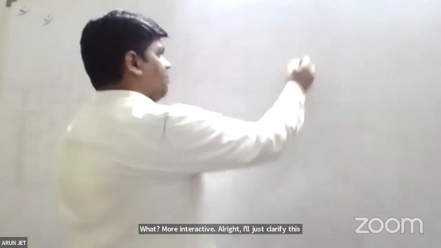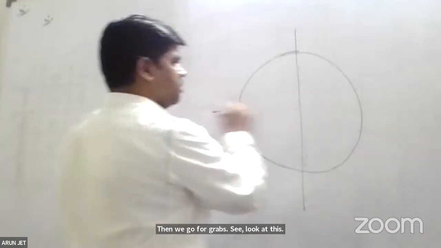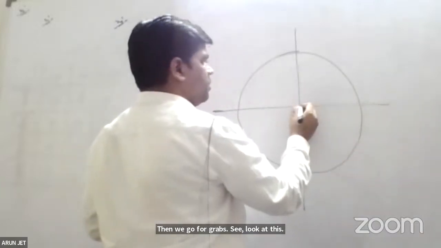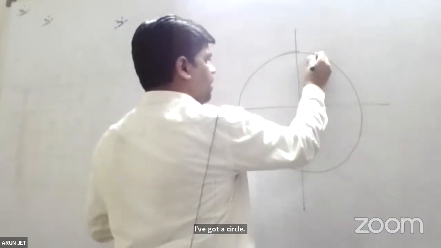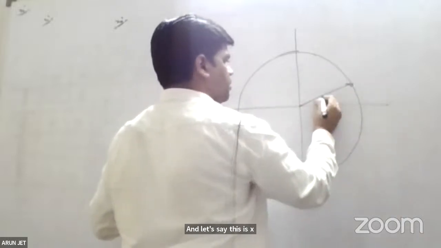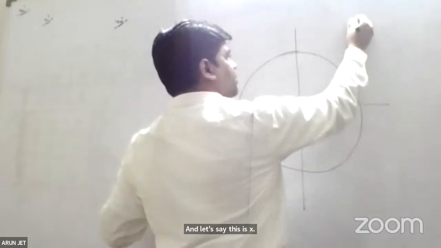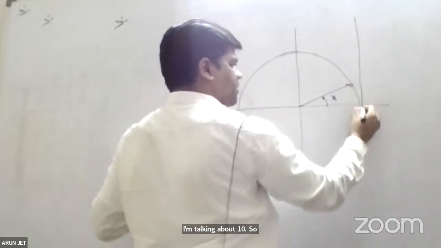See, look at this. I've got a circle, and let's say this is x. I'm talking about tan, so I'll just draw the tangent here. I'm not bothered about the projections.